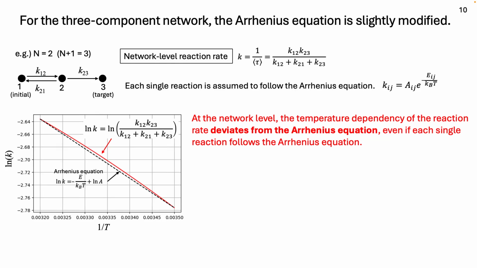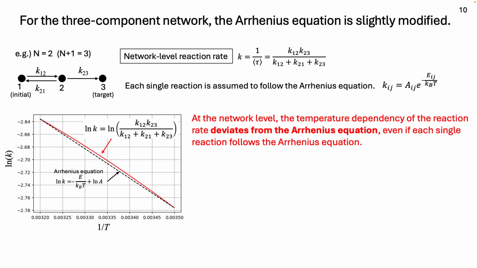This network structure is not complicated. So the red line and black line are similar, but slightly deviated from the Arrhenius equation. So this deviation is the network effect.